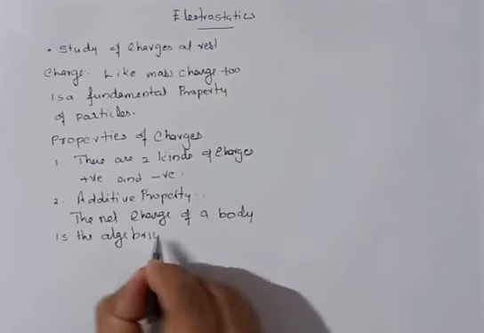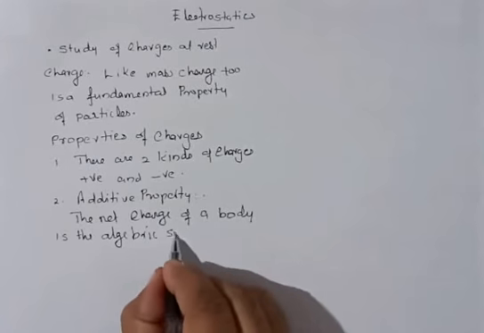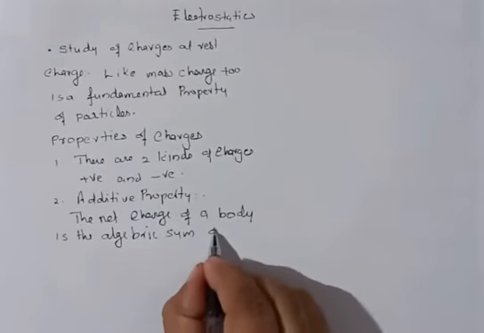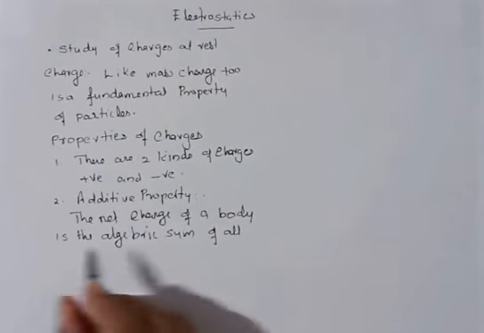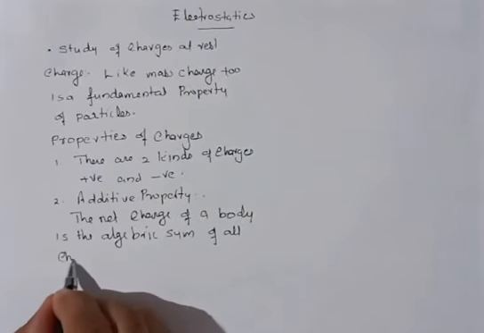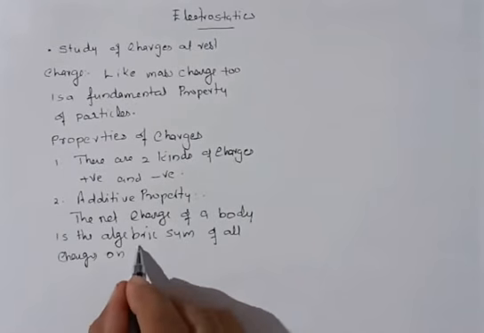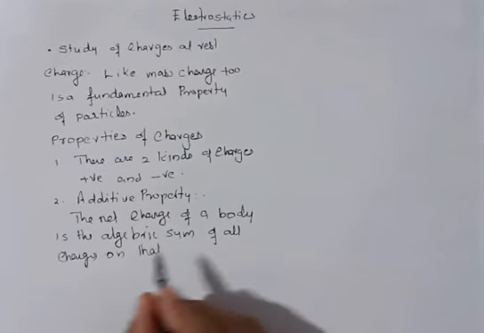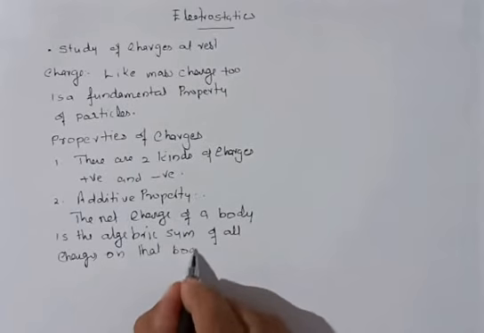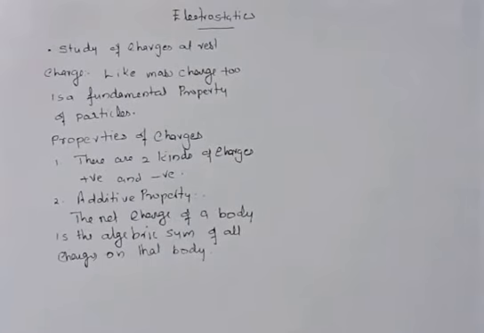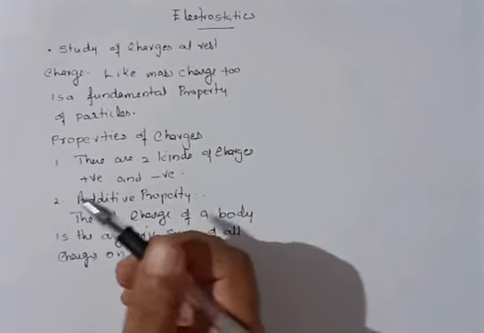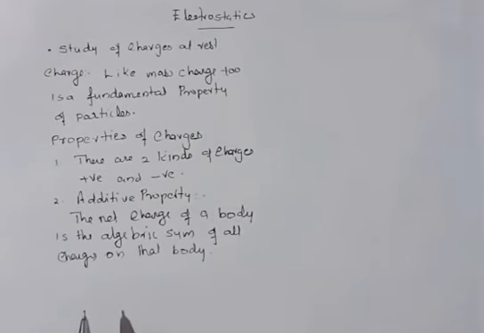It means you have to add up all the charges together, you will get the total charge of the body. So suppose you get equal amounts of positive and negative charges on a body, the body becomes neutral. You call it a neutral body because there are equal numbers of positive and negative charges.